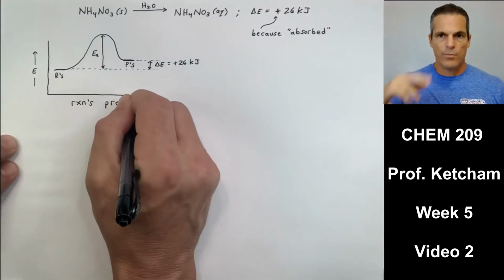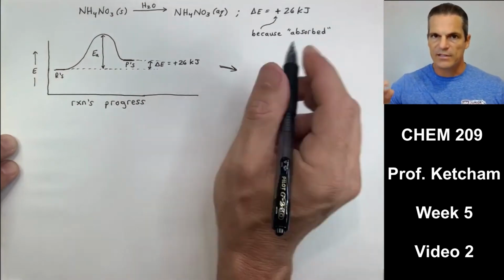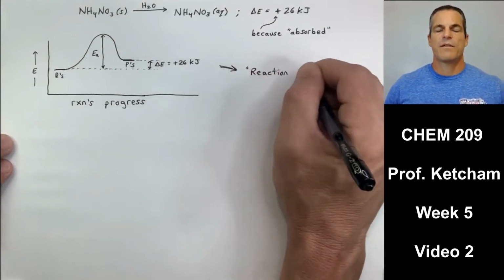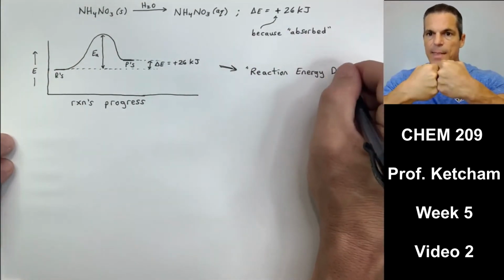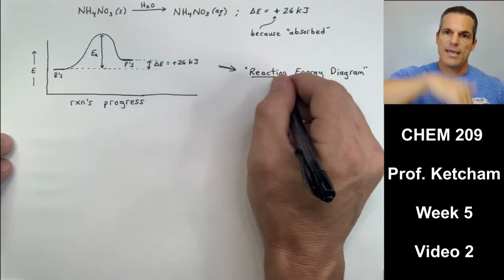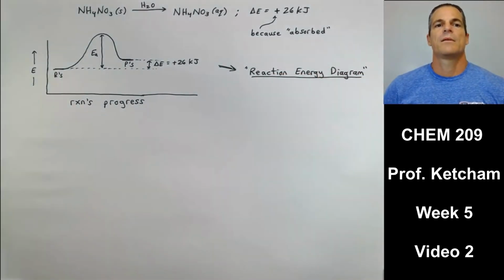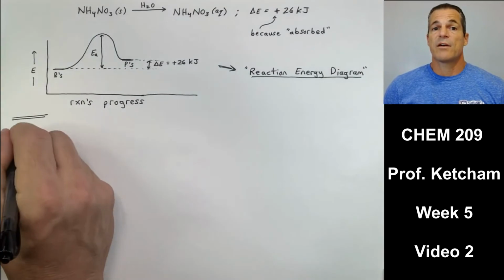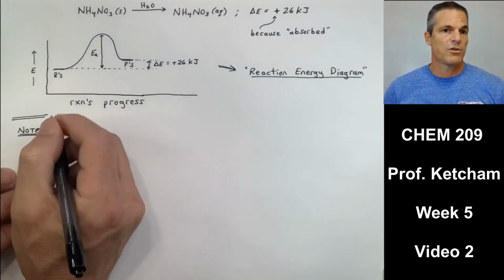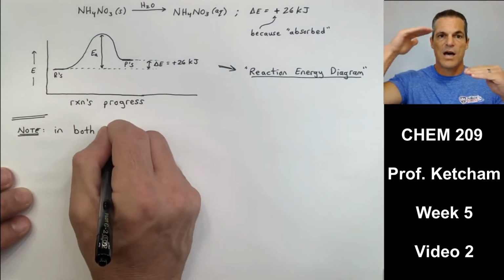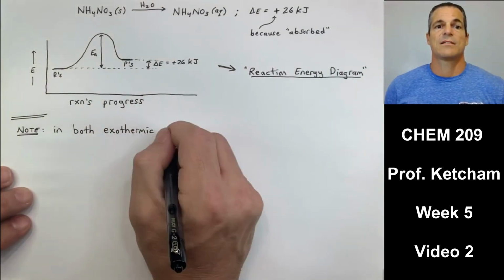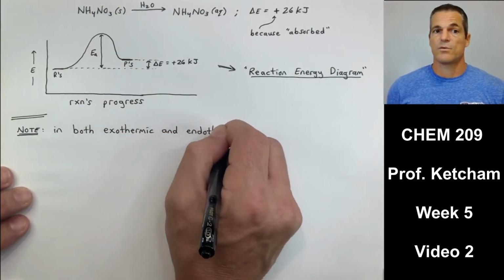That still doesn't mean we don't have to overcome that activation energy barrier, right? We have to collide our reactants with enough energy to get up and over that Ea and downhill. All right. So the reaction energy diagram that I've drawn here is for an endothermic reaction, and the products are higher than the reactants, and the delta E is plus 26 kilojoules.